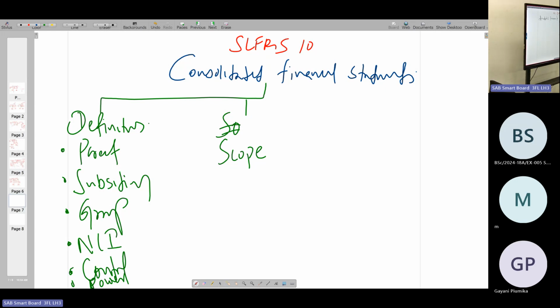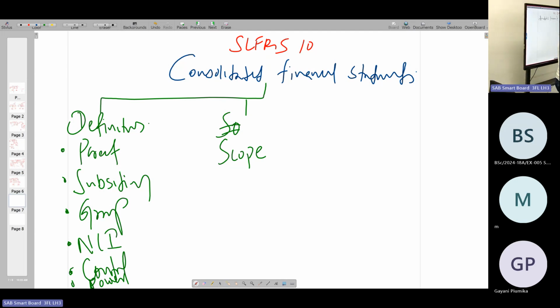Under definitions, you should write parent, subsidiary, group, NCI, control, power.